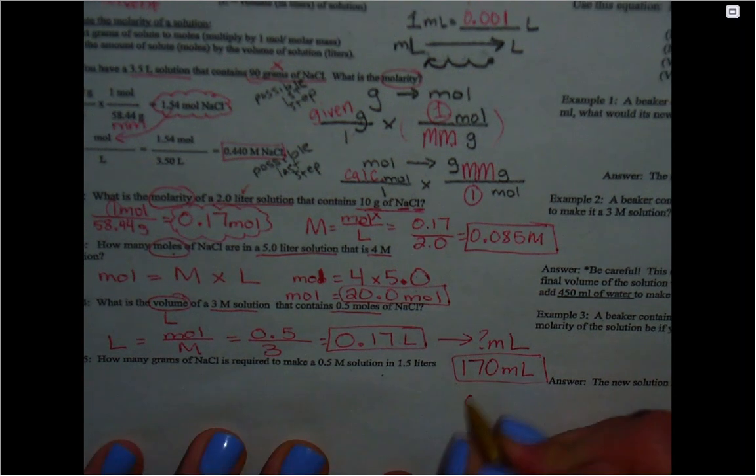Okay, so that's that conversion thing. Just be ready for it eventually. It doesn't happen on all the problems. How do we get to 170? We started with 0.17, and I moved that decimal 1, 2, 3 to the right. Why is it moving?